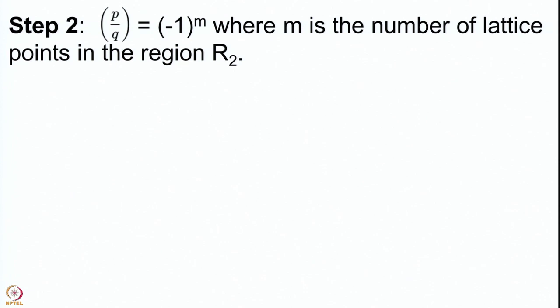This is the second step where we say that (p/q) is (-1)^m, where m is the number of lattice points in the region R2. And there are no prizes for guessing that we are going to use Gauss lemma. This is going to be used.